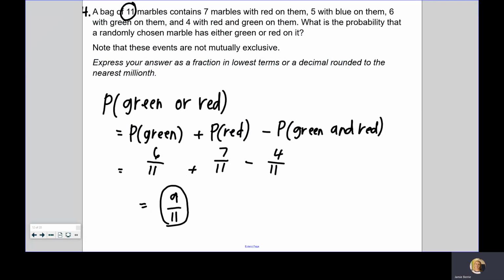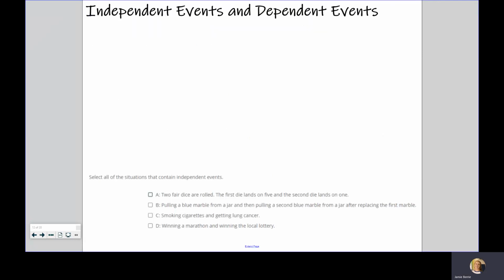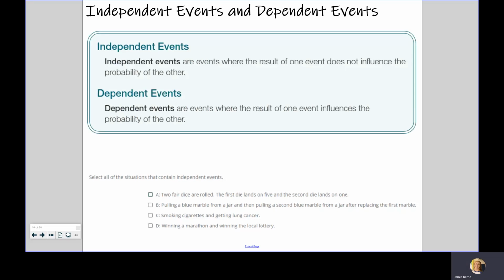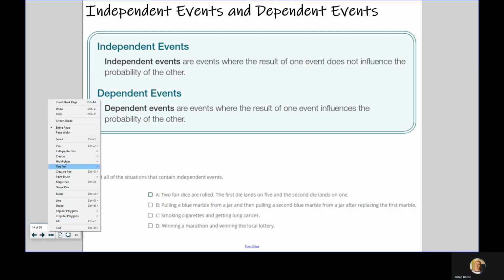All right, next let's talk about the AND rule. The AND rule deals with independent and dependent events. So let me tell you the definition of what an independent event is and what a dependent event is. An independent event is an event where the result of one event does not influence the probability of the other.